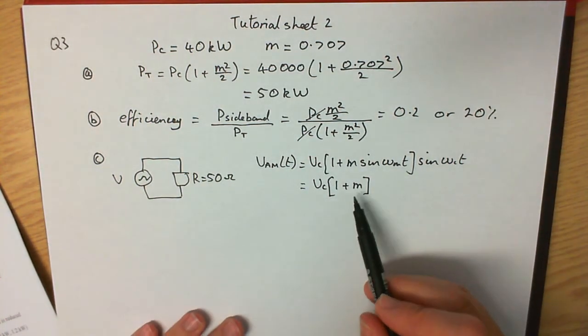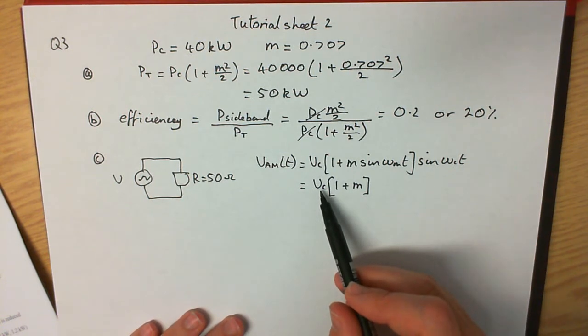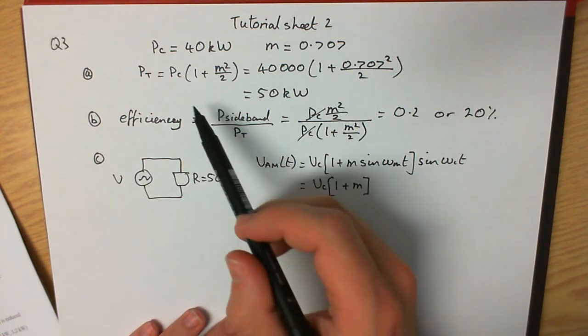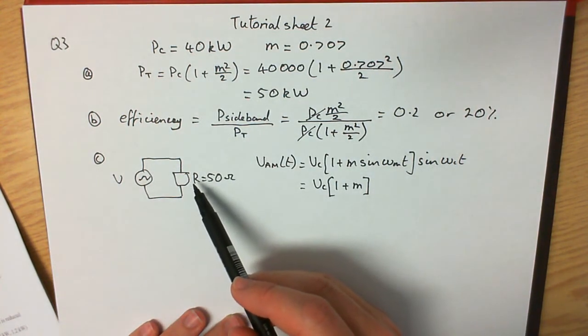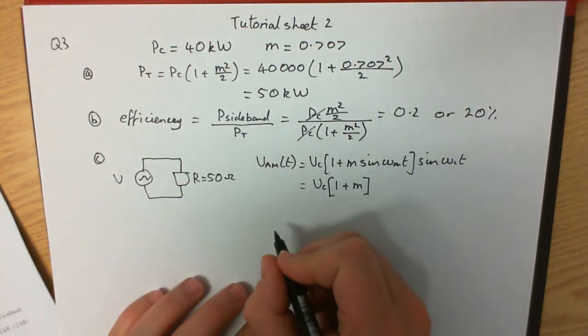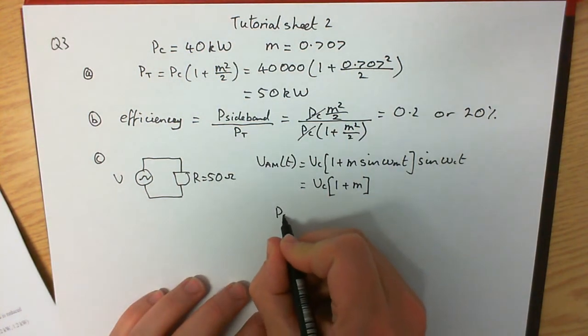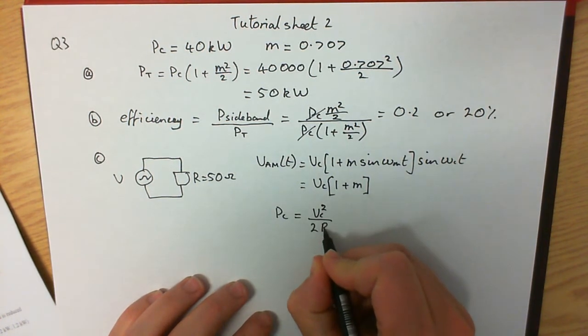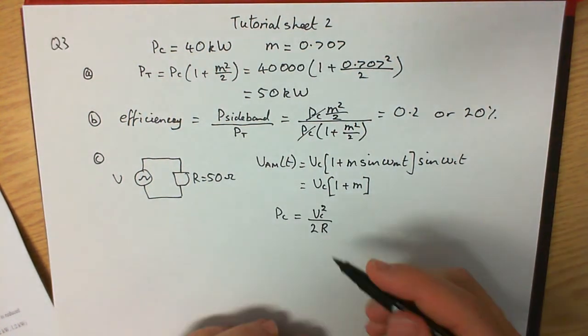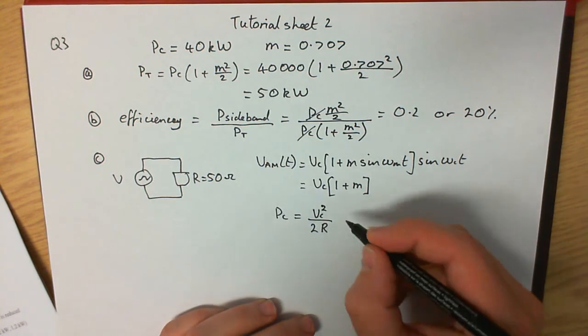Well, we know m. What we don't know at the moment is VC, but we can work out VC from PC and the fact that we're dissipating this power in a 50 ohm resistor, because the equation that relates PC to VC is that: PC equals VC squared over 2R.